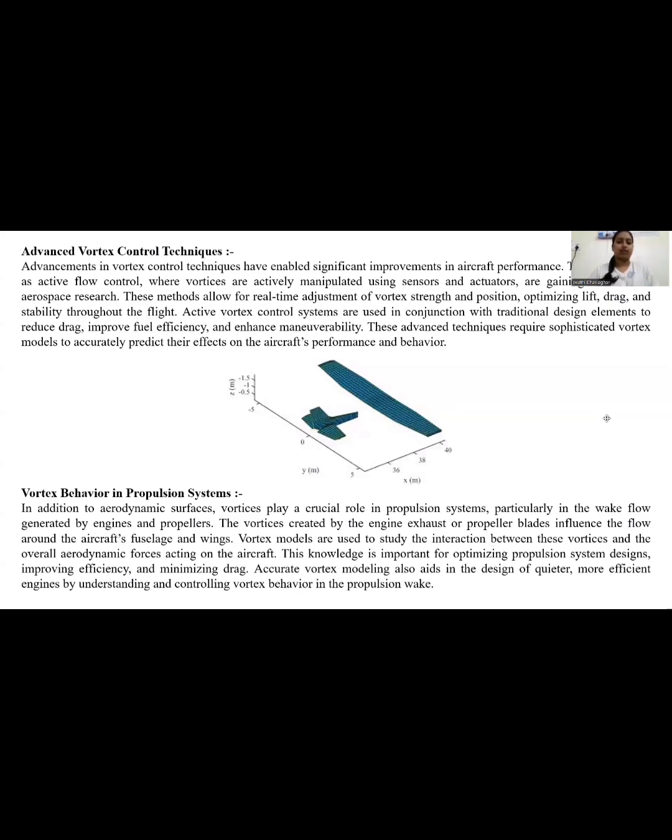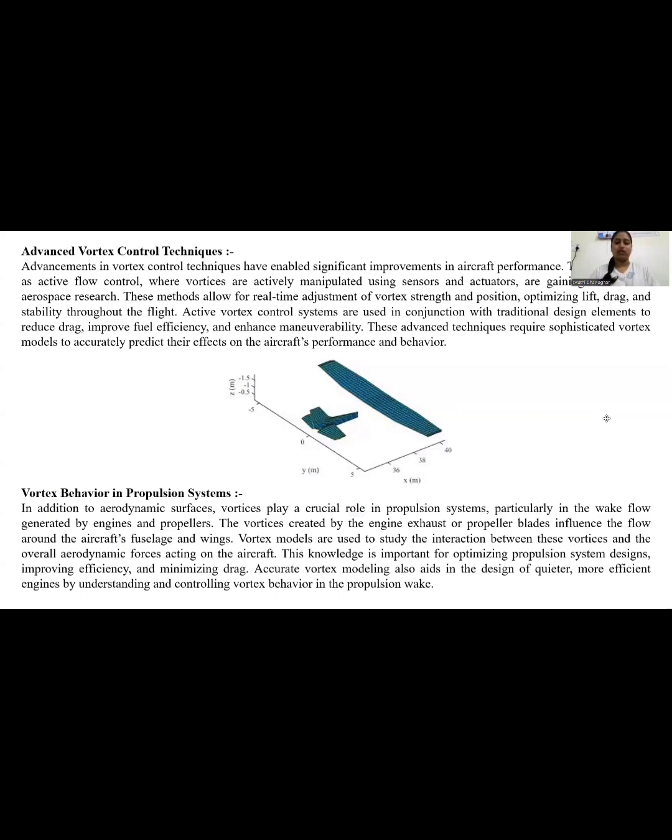Vortex behavior and propulsion systems. In addition to aerodynamic processes, vortices play a crucial role in propulsion systems, particularly in the wake flow generated by engines and propellers. The vortices created by engine exhaust or propeller blades influence the flow around the aircraft fuselage and wings.